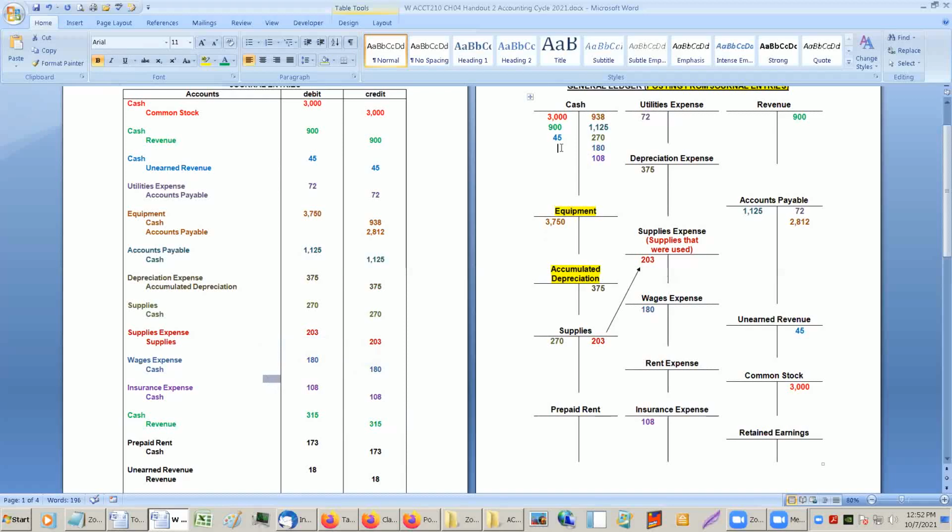So cash and revenue will make as a, go back to green. All right, so 315.